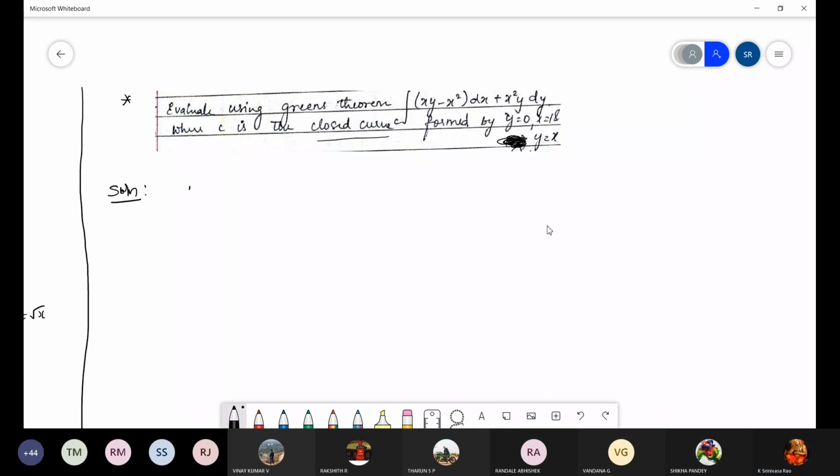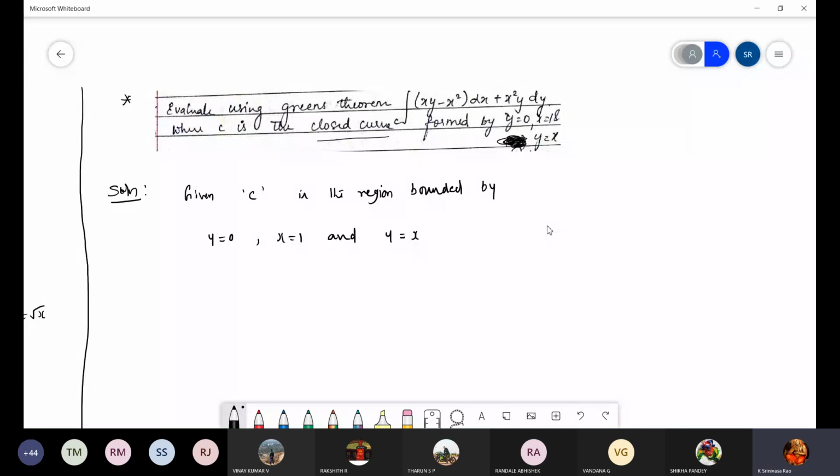Given, C is the region bounded by y equals 0, x equals 1 and y equals x.